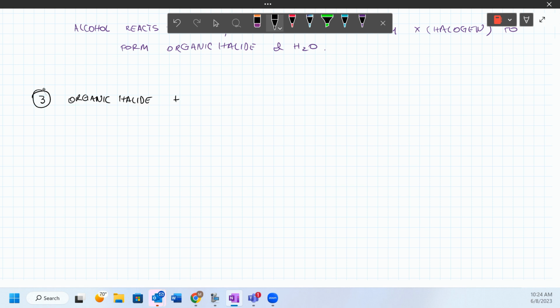It is in the form of bases. So it's reacting with OH minus, which you cannot have just as OH minus, but in the form of a base in aqueous solution, because what is happening in aqueous solution is dissociation: Na plus and OH minus.